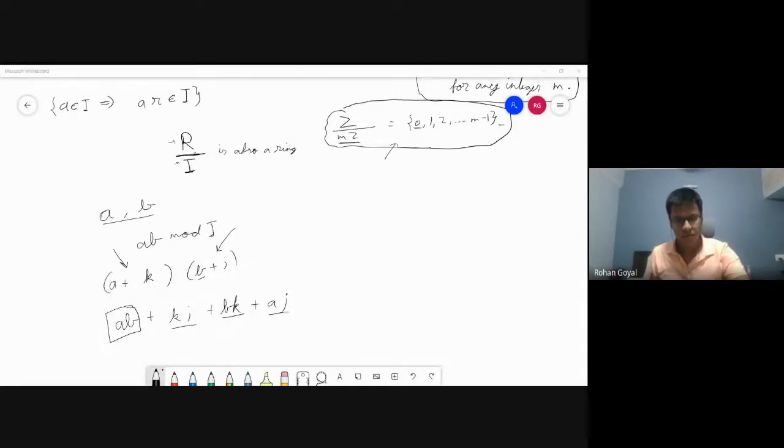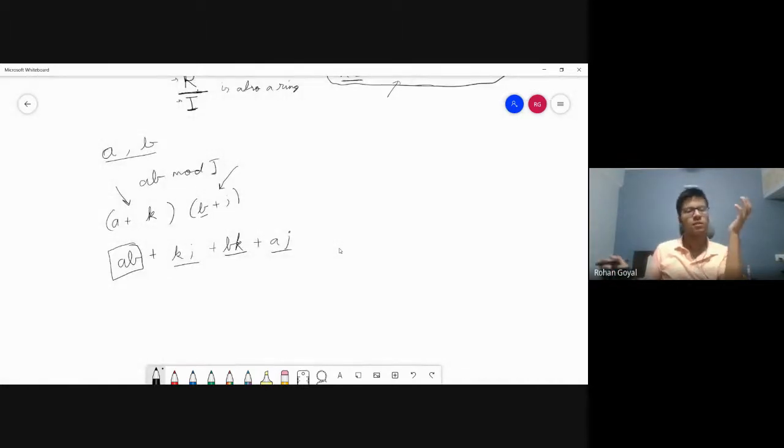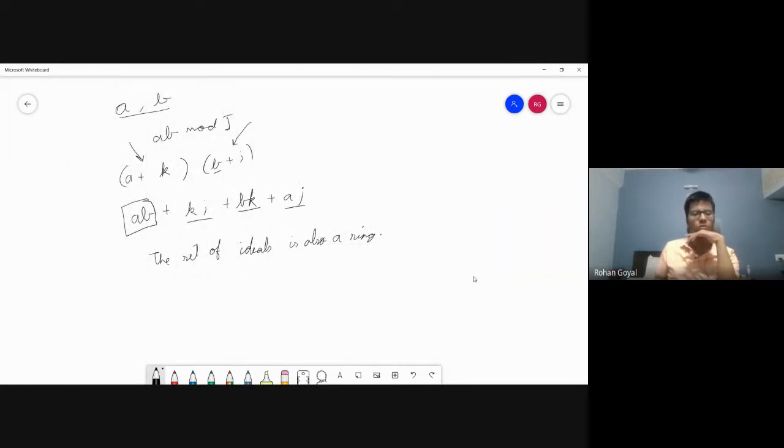Yes. Perfect. So we defined division, dividing the ring by an ideal. In fact, the set of ideals is also a ring. So how would you expect to define addition of two ideals?